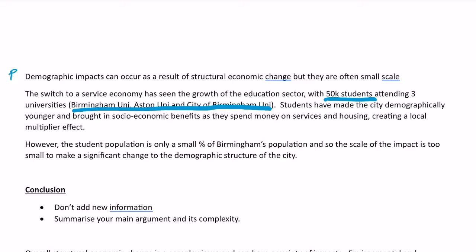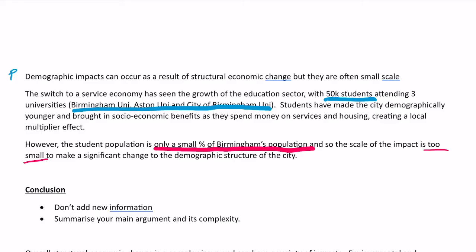But again, my AO2 complexity here is that it's only a small percentage of Birmingham's population, so the scale of the impact is too small to make a significant change. Again, I've stuck with my argument, saying what I really wanted to discuss here is the scale of these changes and impacts. I've said environmental was very localised, socio-economic was citywide, but demographic is again localised.